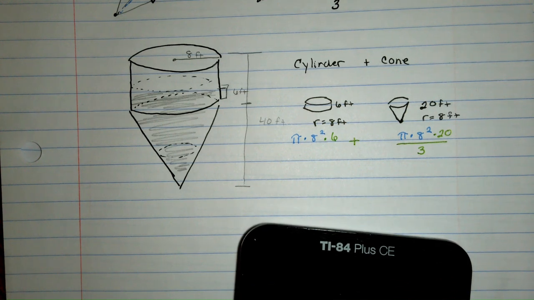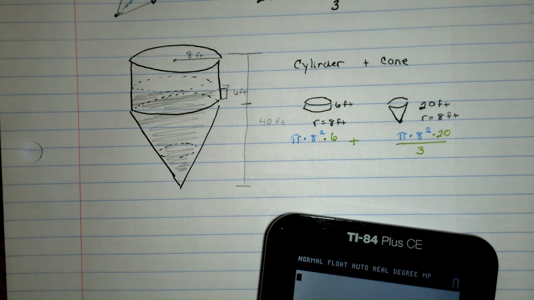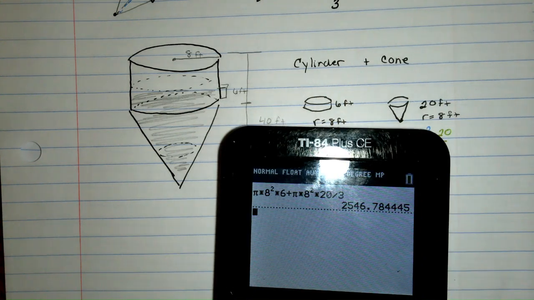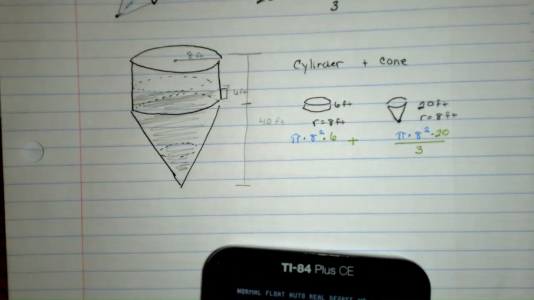And in this case, I'm going to go ahead and type it out completely and round. So we have pi times 8 squared times 6 plus pi times 8 squared multiplied by 20, and that's divided by 3. I have a typo somewhere.